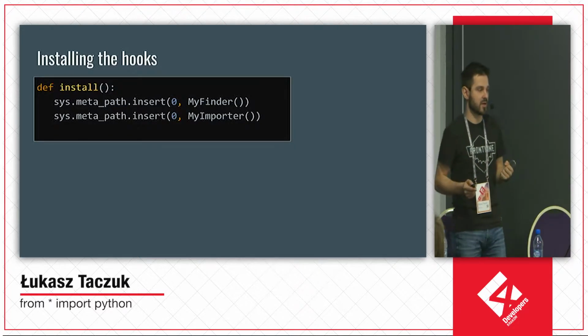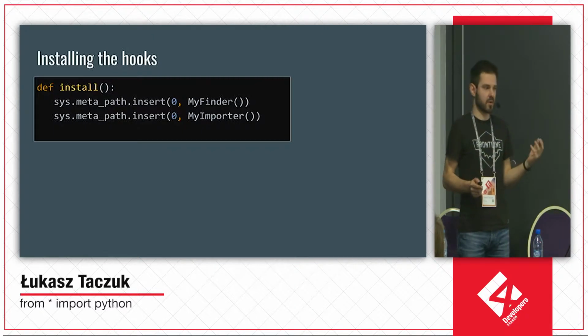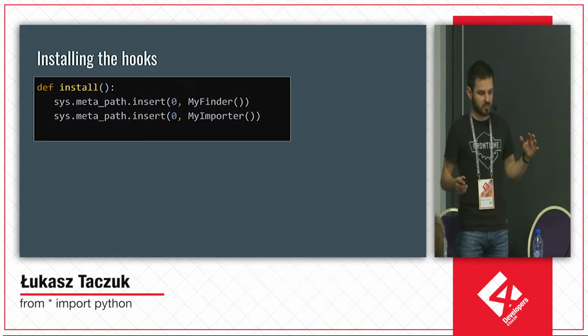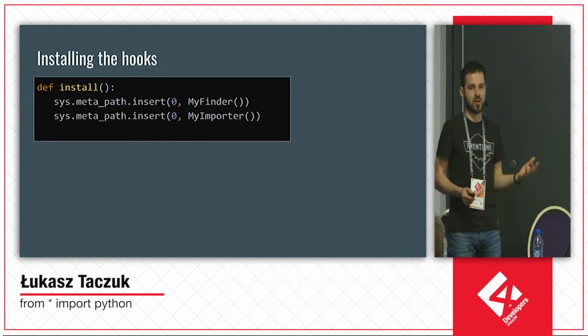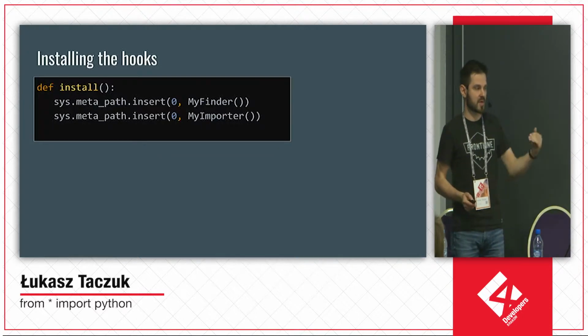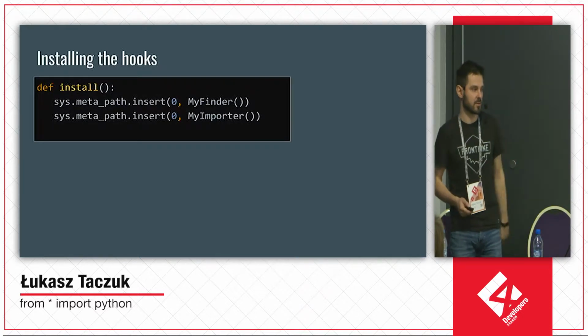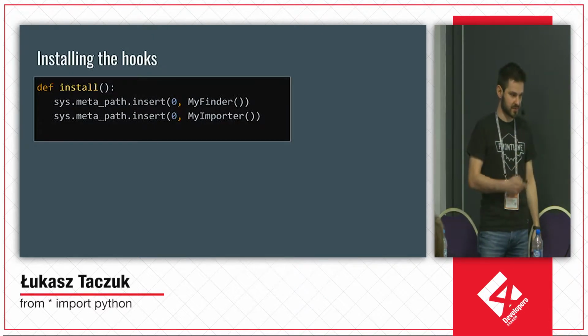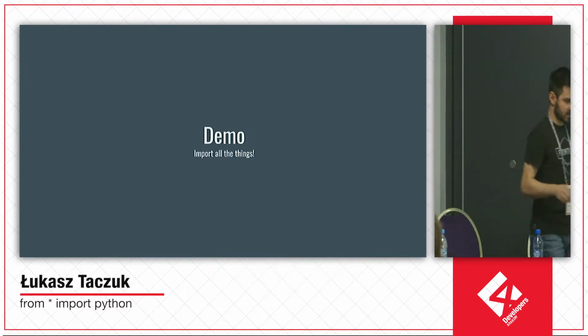If we put it in the first place, we can overwrite everything. We can take over importing all the modules that are imported by Python from the moment when we insert the finder to the list. So now it's demo time.